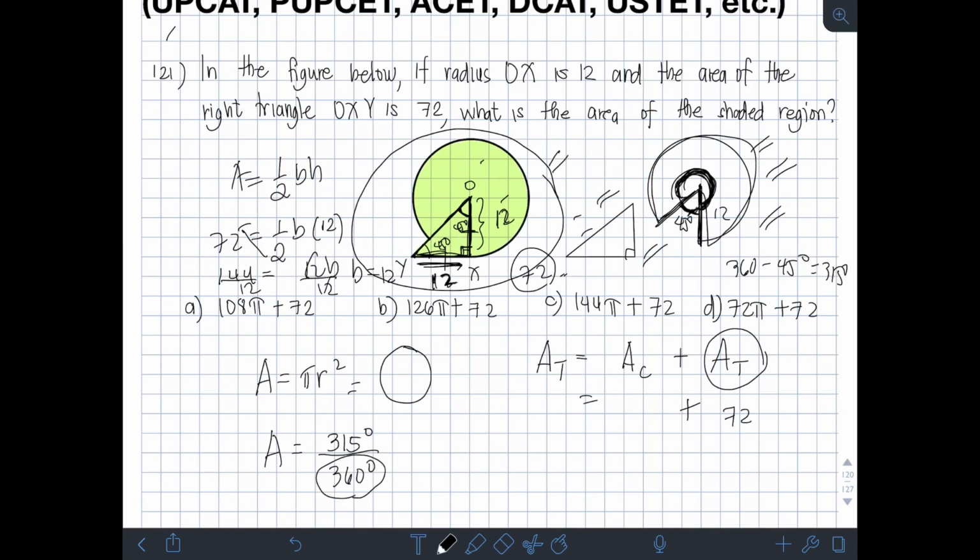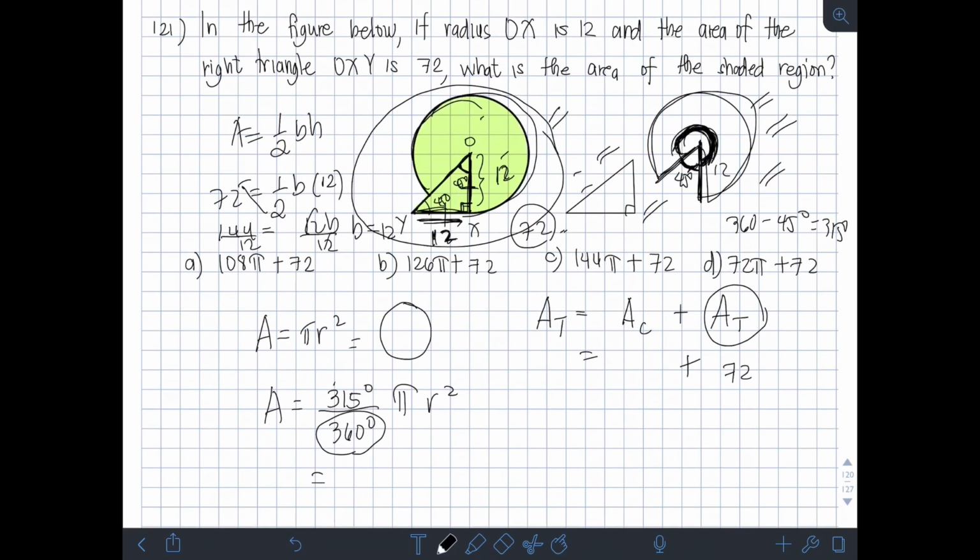So, may over 360 degree kasi yung kabuang circle natin is 360 degree angle, right? So, kung whole circle tayo, hindi na natin kailangan itong fraction na to kasi ang magiging numerator natin is 360, right? 360 over 360 is 1. So, cancel. Pero since partial nga lang tayo, kinailangan nating makuha yung angle na to. Then, tsaka natin i-multiply sa pi r squared.